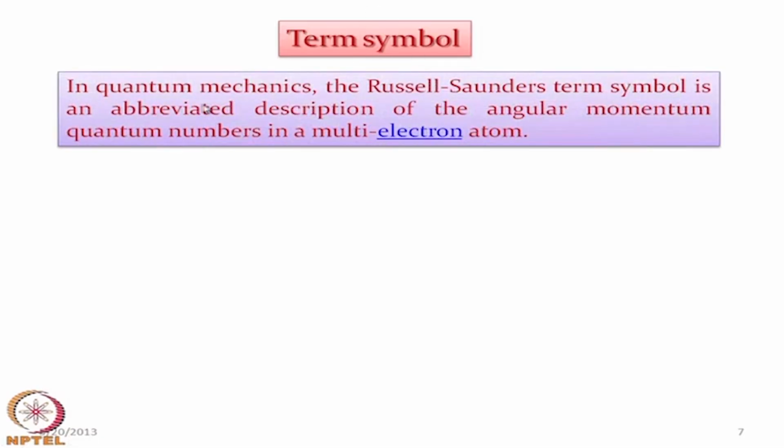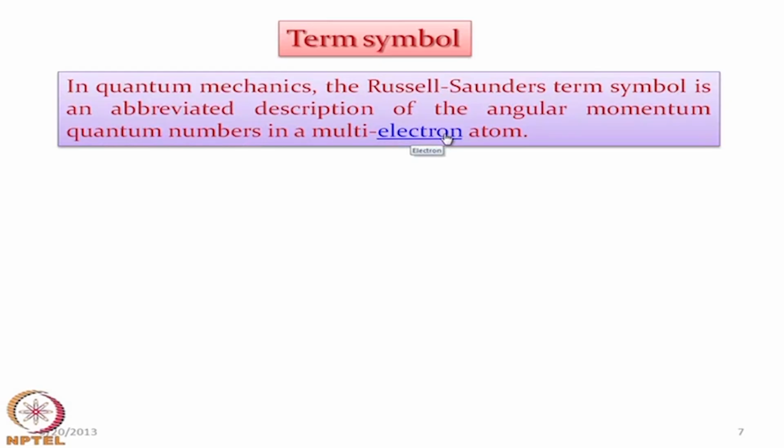How do we get term symbols? In quantum mechanics the corresponding coupling scheme is known as the Russell-Saunders coupling, and due to that coupling, a term symbol is an abbreviated description of the angular momentum quantum numbers in a multi-electron system.